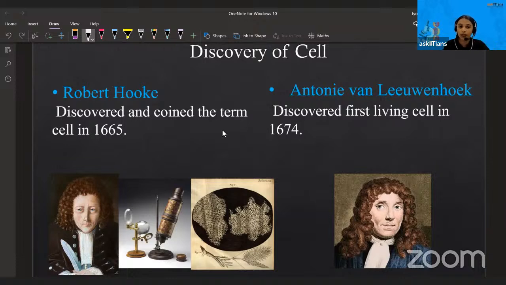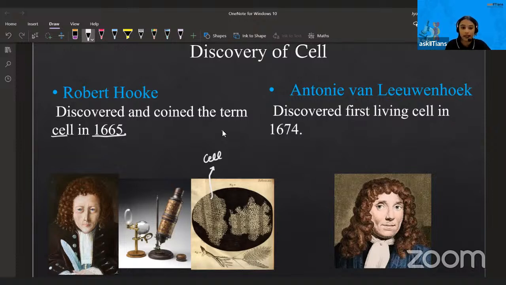He observed it under his self-designed microscope and saw small boxes or compartments inside the cork. He gave the name cell to these compartments. Robert Hooke discovered and coined the term cell in 1665.